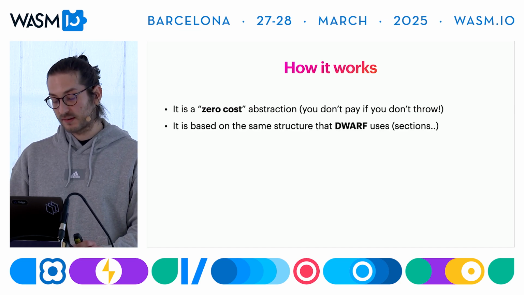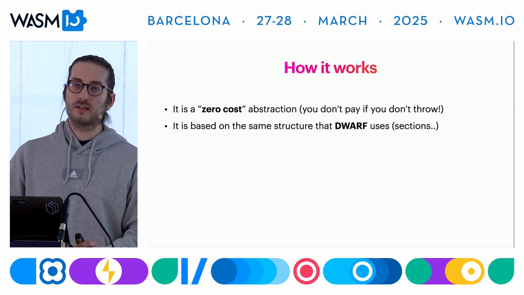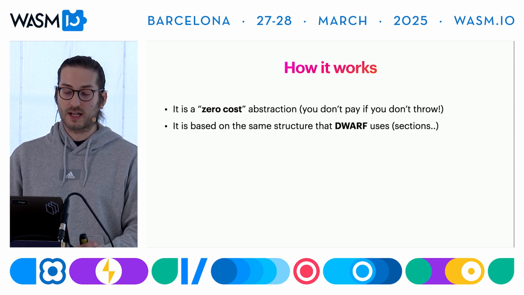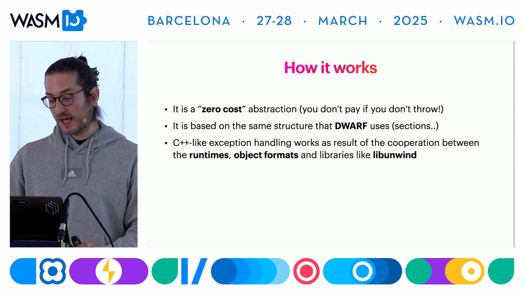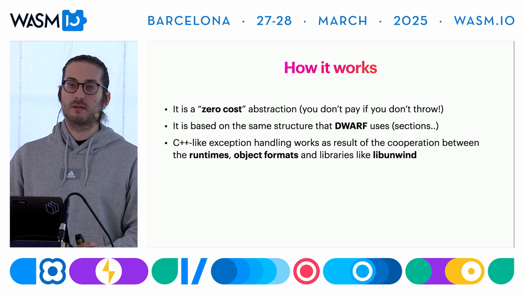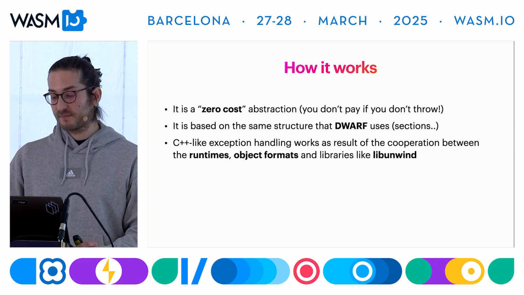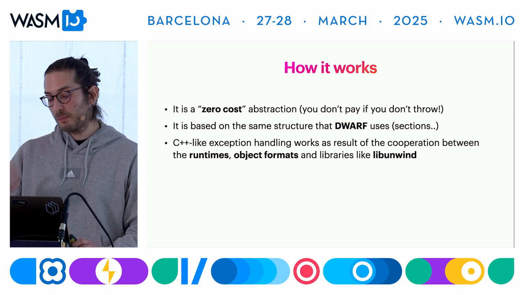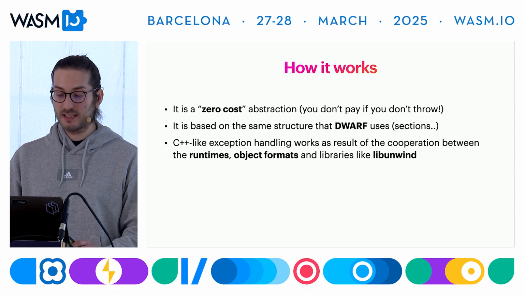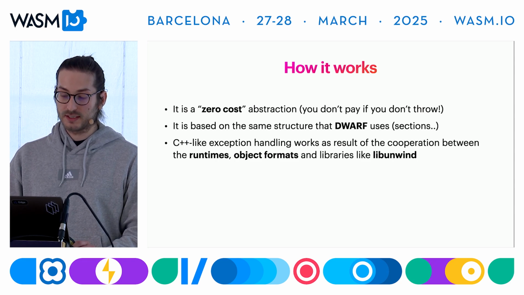It is based on the same structure that DWARF uses, that is, it's based on sections embedded in the object file. And as with C++-like exception handling mechanisms, you need cooperation between the runtime, the object format that you emit compiled functions in, and libraries such as libunwind.